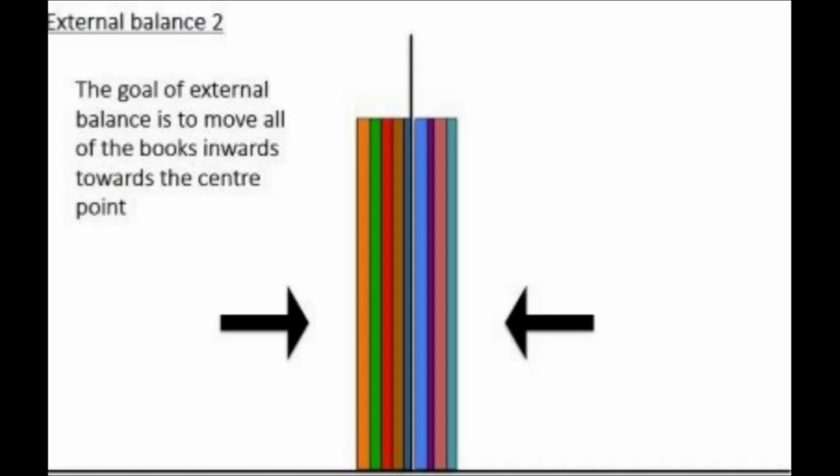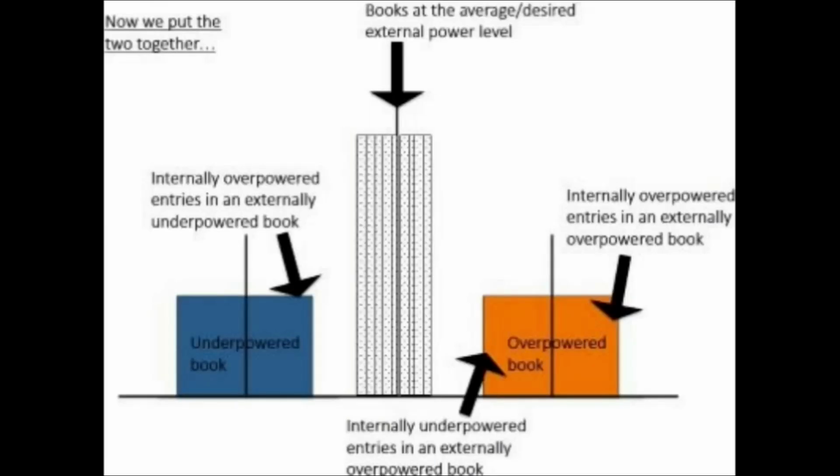And now we are putting both together. We've got the army books in the distance to the average power level, to the desired power level, and we've got each entry of the book. If we look at the blue book, we've got a book which in total underperforms. And in that we've got some units which are still, compared to the other units of that book, the best bang for the buck, for the points.